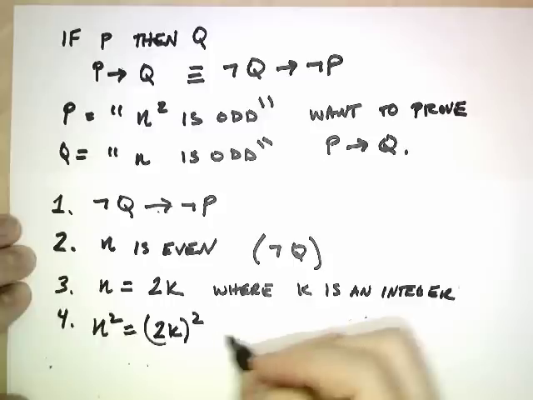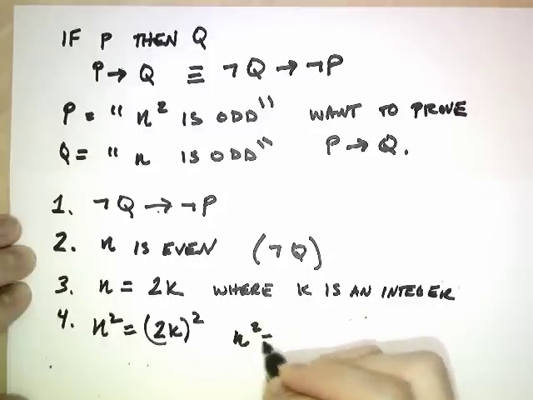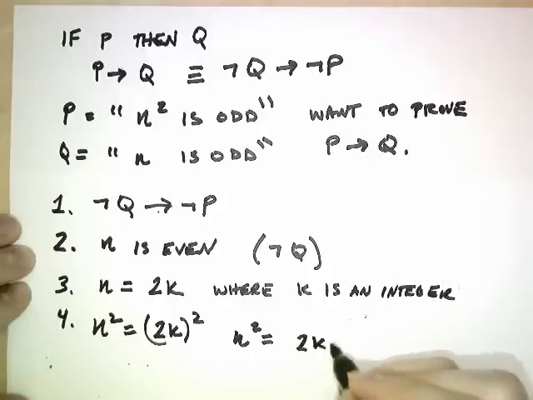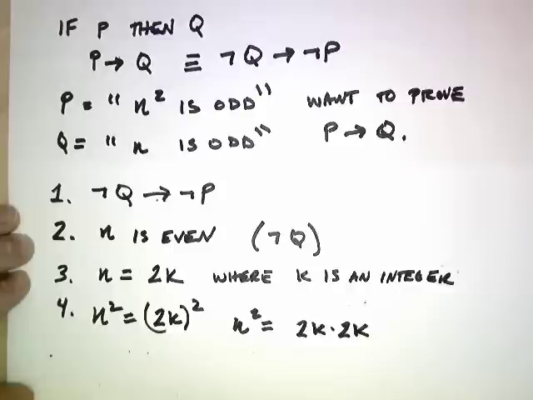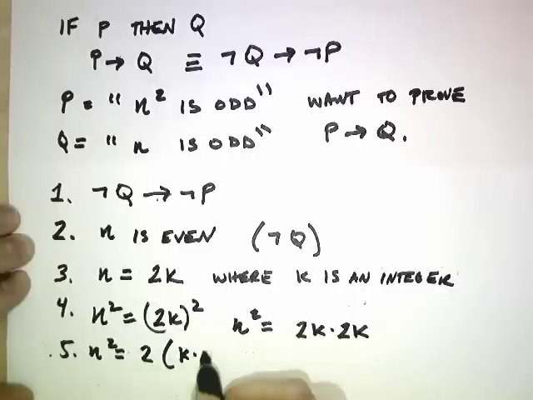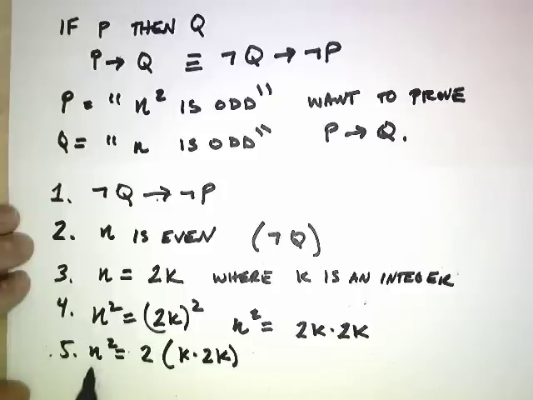And so we see that n squared equals 2k times 2k. We could write this out even further and say that n squared equals 2 times k times 2k. Okay, so we've written n squared as 2 times some integer.